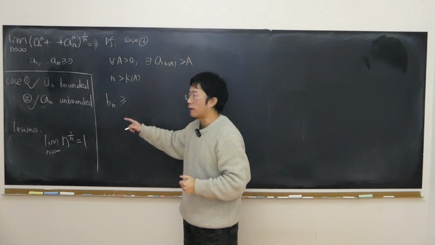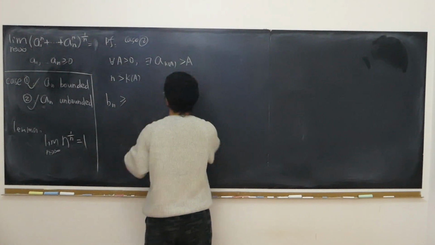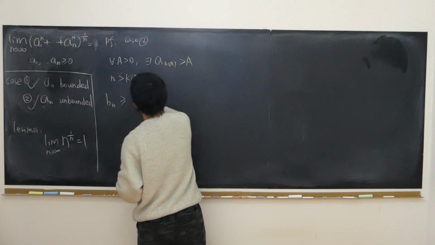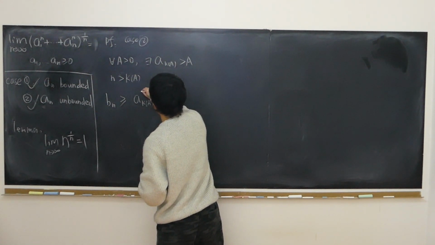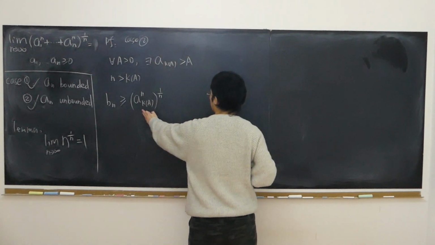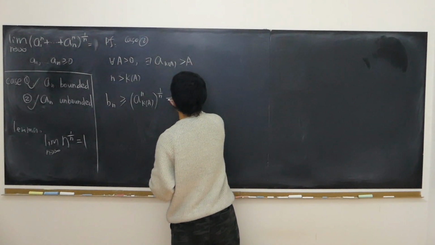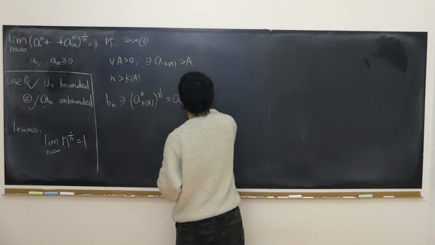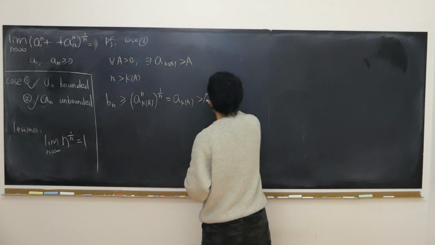So I can just simply get rid of all the other terms, except for this term. So A sub k of A to the power of n raised to the power of 1 over n is equal to A sub k of capital A, which is larger than capital A.